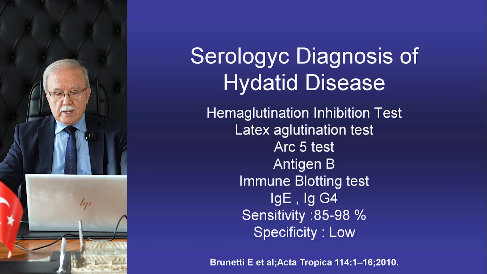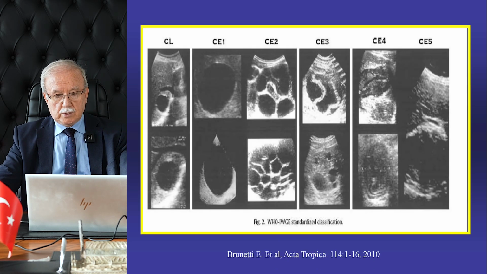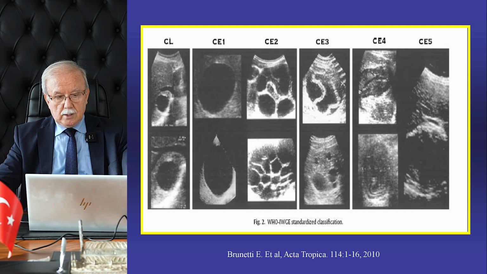Serologic diagnosis of hydatid disease has a sensitivity of 85% to 98%, and unfortunately low specificity. So generally we diagnose hydatid disease by ultrasound examination. According to the WHO classification, CE type 1 is a pure cystic lesion like this.